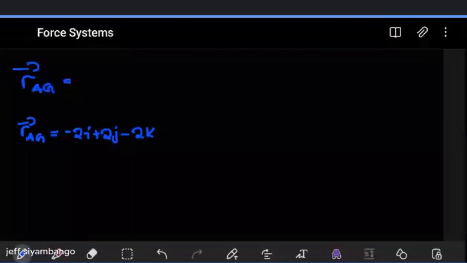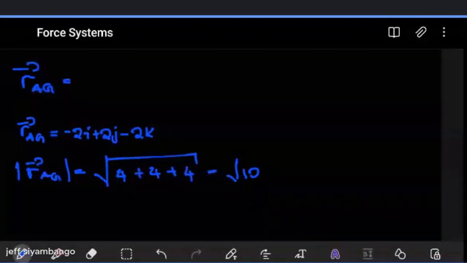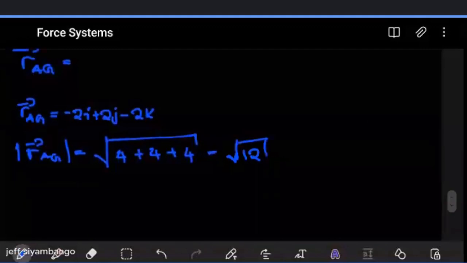From here, the next thing is we can get the magnitude of AG. This is going to be 2 squared, which is 4, 2 squared again, another 4, and 2 squared again, another 4. So the 4s added make 12. So we're looking at root 12 here. Once we've got our magnitude, we can then get our unit vector.